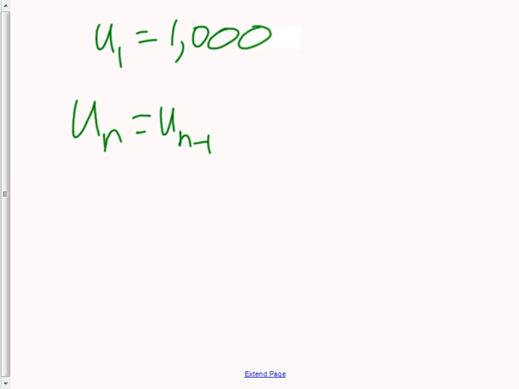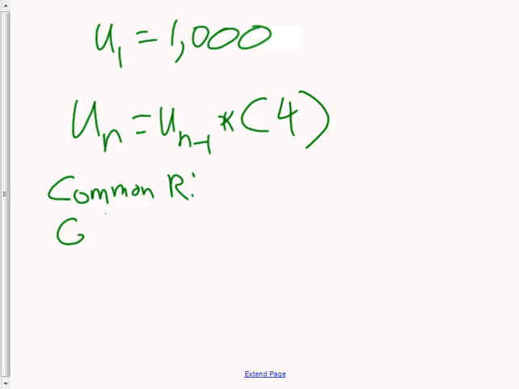So u of 1 is equal to, we'll call it 1,000, and then we'll say u of n is equal to u of n minus 1 multiplied by 4. And I'm making this intentionally a little bit difficult. So what would be my common ratio, and what would be my growth/decay rate?